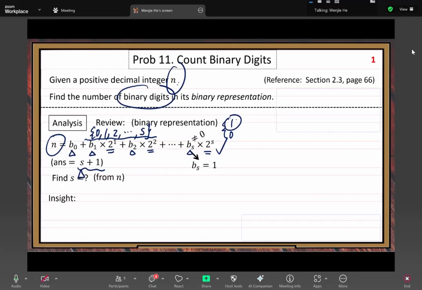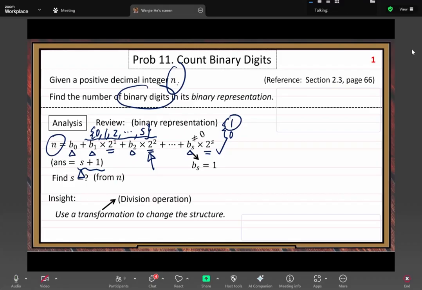The property here is the base 2 property. So what kind of special operation related to base 2 is useful here? The operation is division by 2.